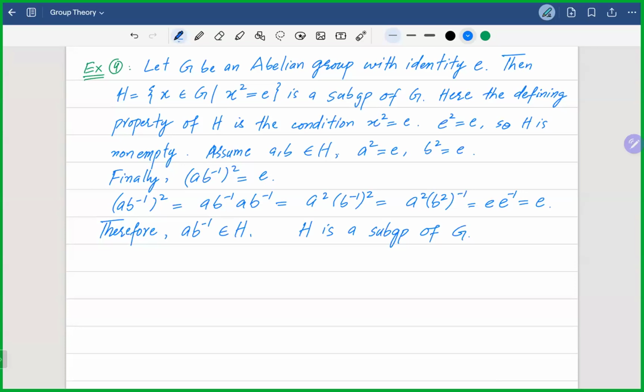Okay. Now, in many instances, a subgroup will consist of all elements that have a particular form. Then the property P is that the elements have that particular form. And let's illustrate that with an example 5.